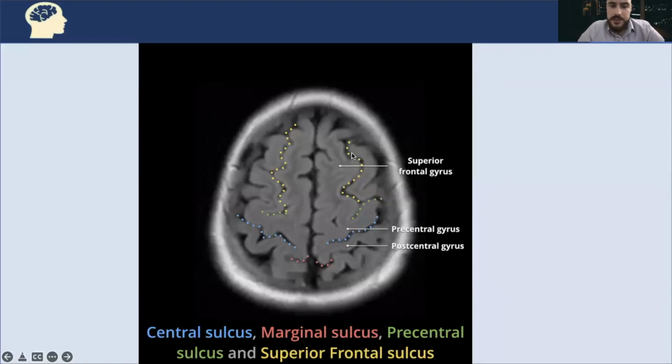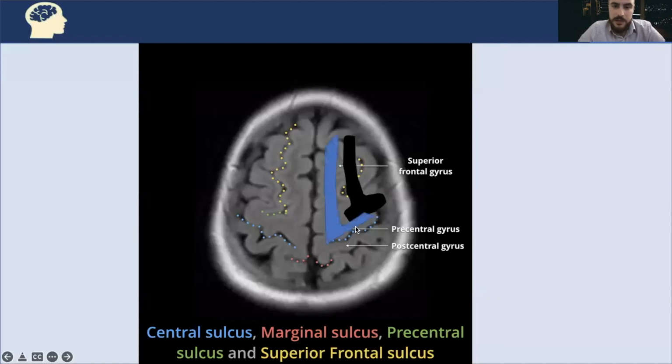Here are the radiological signs we can use to identify the central sulcus, one of which is the omega sign, which is obvious over here. The other sign we mentioned earlier is the T sign, which is the connection of the superior frontal sulcus with the precentral sulcus, forming the T sign. What's behind it is the precentral gyrus, so it's motor function.